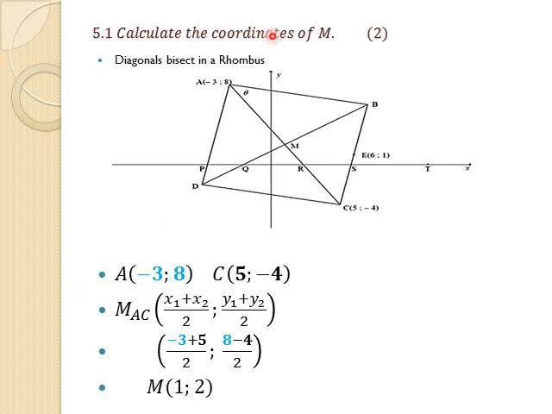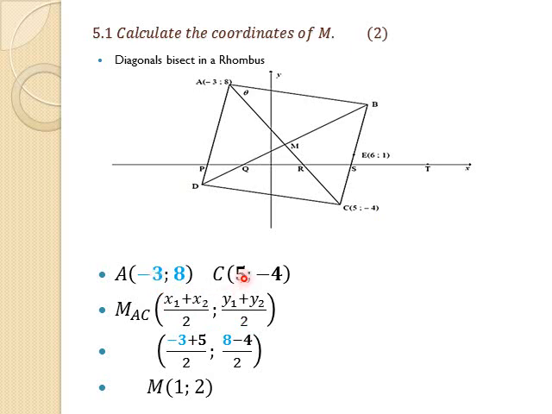So 5.1, calculate the coordinates of M. Diagonals bisect in a rhombus, so M is a midpoint. A is (-3, 8), C is (5, -4). For the midpoint of AC, we say (x1 plus x2) divided by 2, (y1 plus y2) divided by 2.